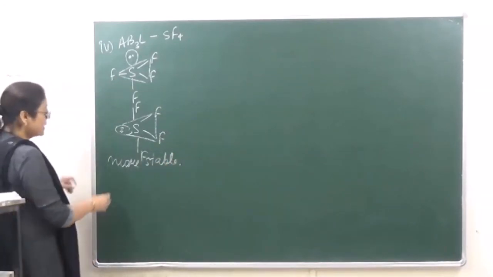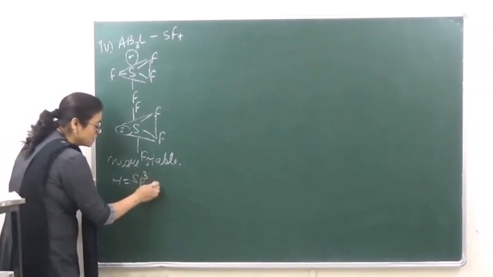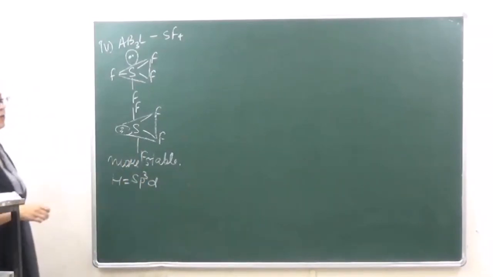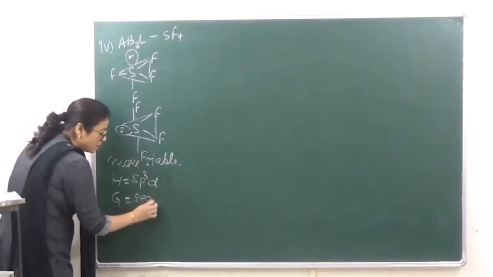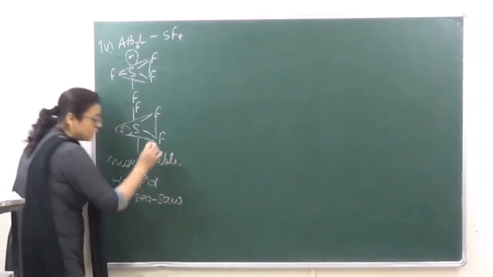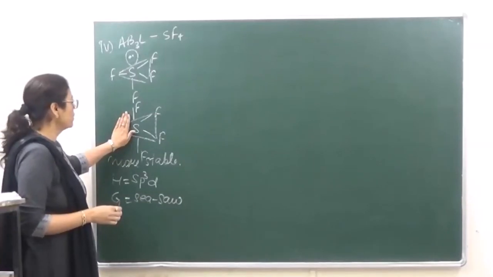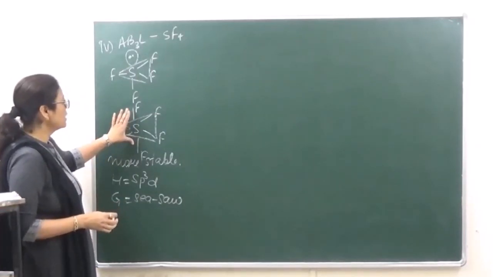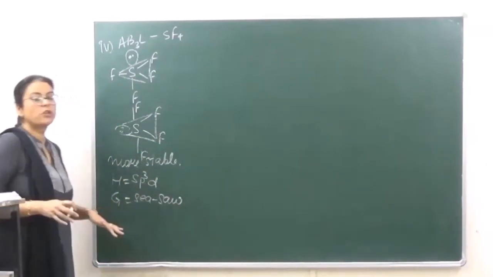Hybridization in this case is going to be sp3d. And the shape or geometry is seesaw. If you are not looking at the lone pair over here, both are on the opposite side. It's like a seesaw which the children play on.